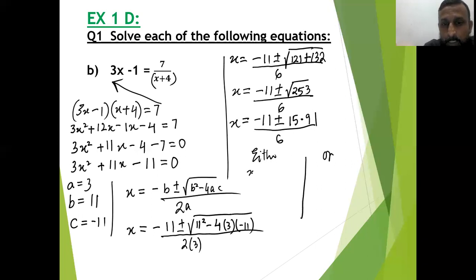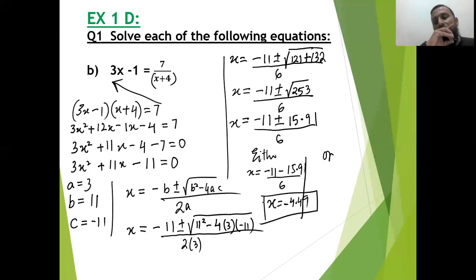All right, so x equals negative 11 minus 15.91 whole upon 6. Use your calculator and you get negative 11 minus 15.91, and then divided by 6. So use your calculator, you get the result as negative 4.49.